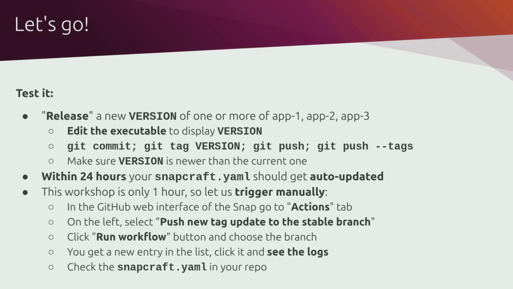So what you have to do now at first is that every one of you in the forked repositories edits snapcraft.yaml so that each component is downloaded from GitHub with the URL of your fork.